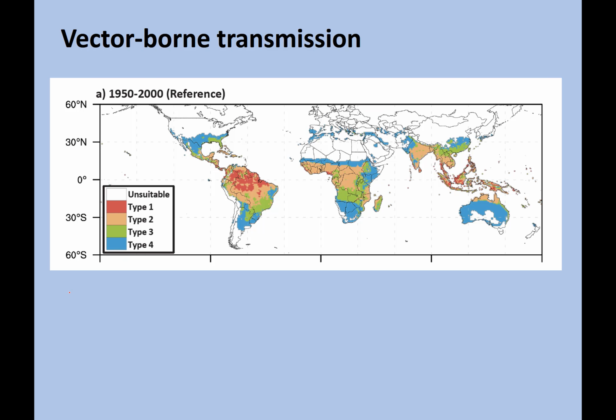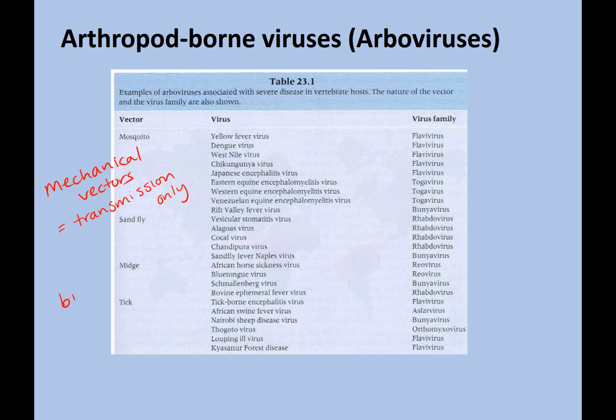There's also biological vectors. And the reason they're called biological is that there's some type of replication of the virus that's required for transmission.